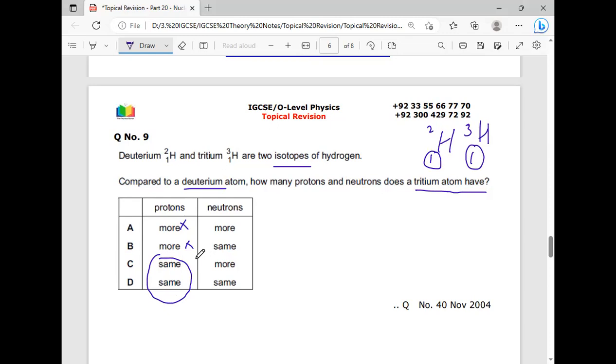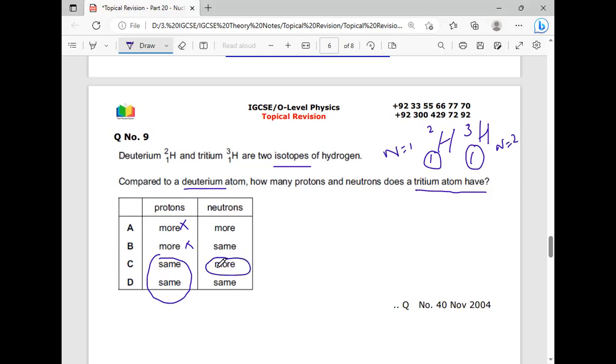But different number. Now we will calculate the number of neutrons: 1 and 2. So obviously tritium has one more neutron than deuterium.